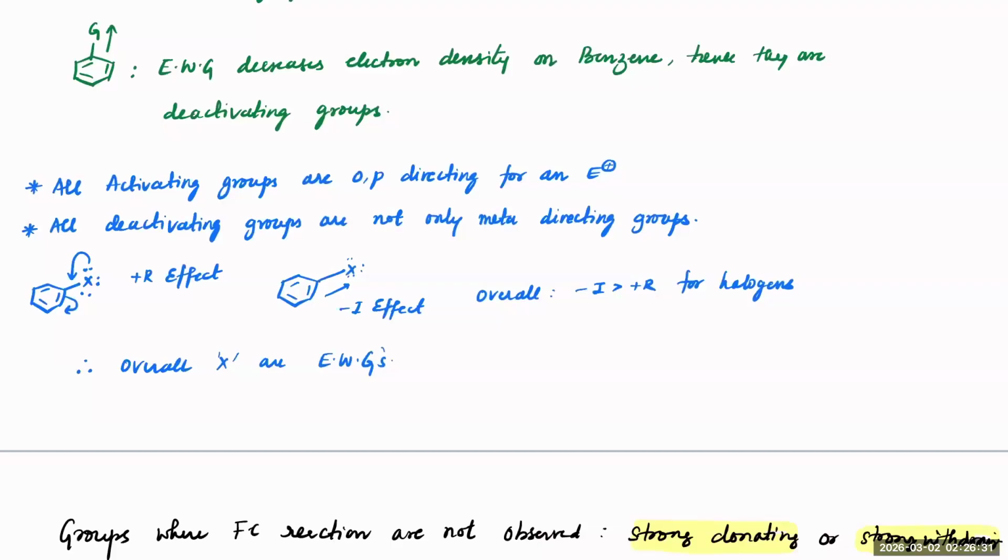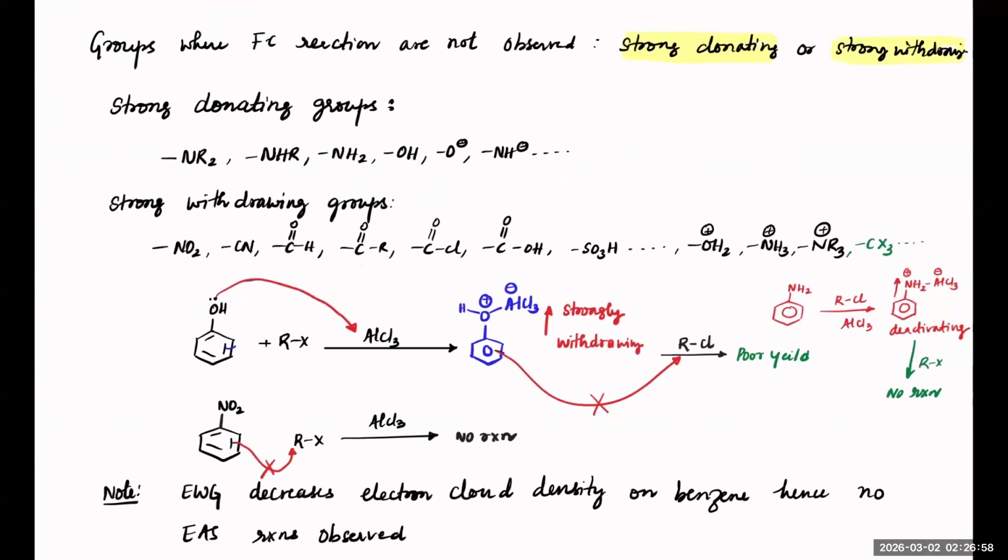Knowing which of them are activating and deactivating groups, we will categorize them into three kinds: three types of activating, three types of deactivating. Activating includes strong activating, mild or moderate activating, or very weak activating. Likewise, we can have strongly withdrawing, moderately withdrawing, and weakly withdrawing. Now, check out which case is what.